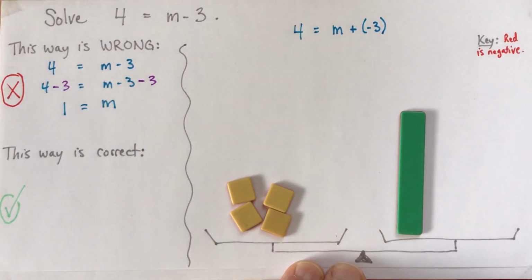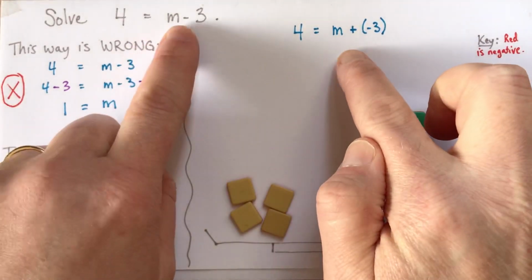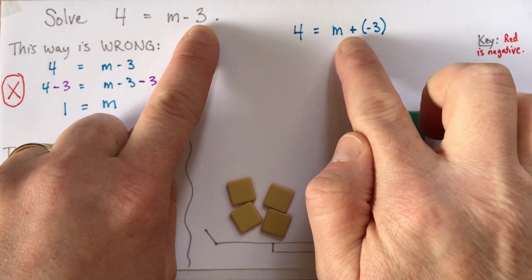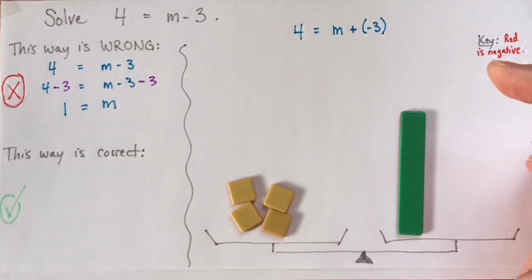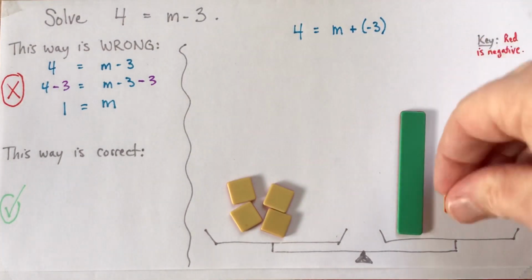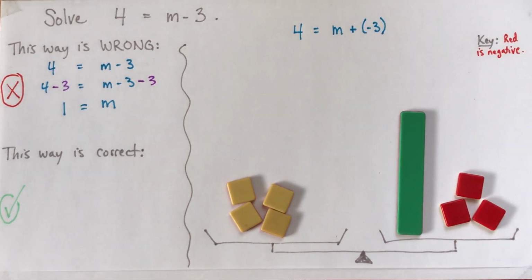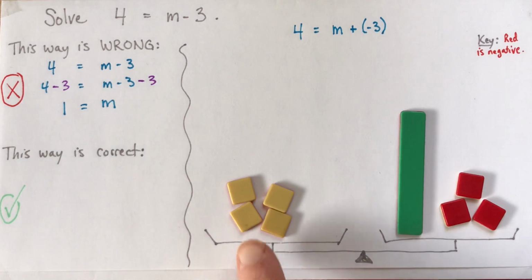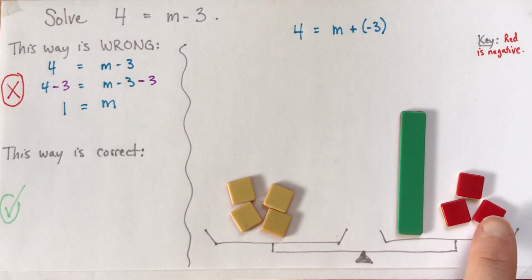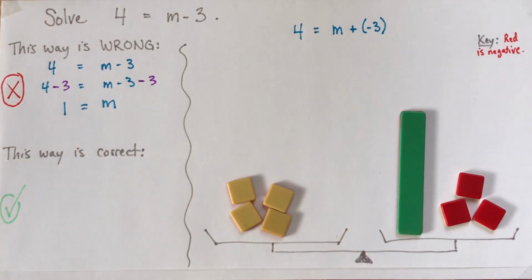Sometimes this makes it more clear. So these are equivalent here. M subtract 3 is the same as m plus negative 3. And that sometimes helps people figure out how to represent that with the algebra tiles. So these two things are equal, 4 and m plus negative 3, or m take away 3.